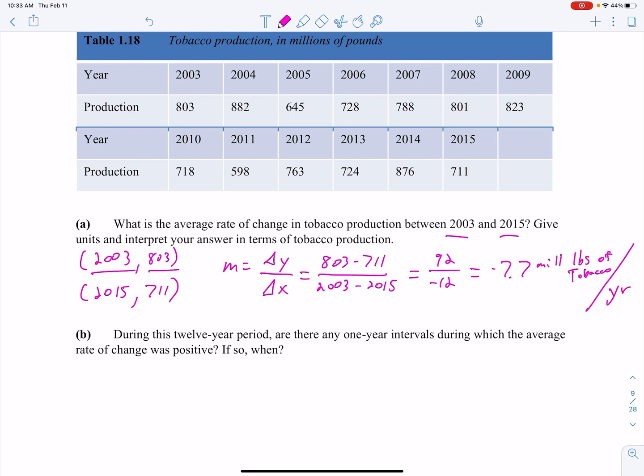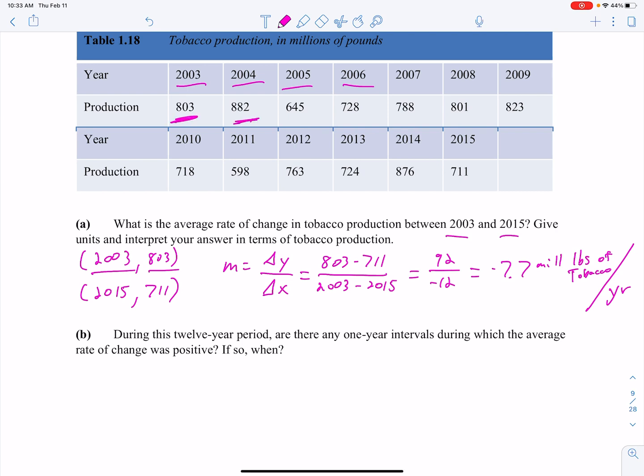We can work smarter and not harder on this one. We can just look at the production, right? We can tell right away from 2003 to 2004, that's a positive increase, right? And that's, of course, going to be every time. Every time you add a year, it's a positive increase. So that means our delta x is always going to be positive, right?